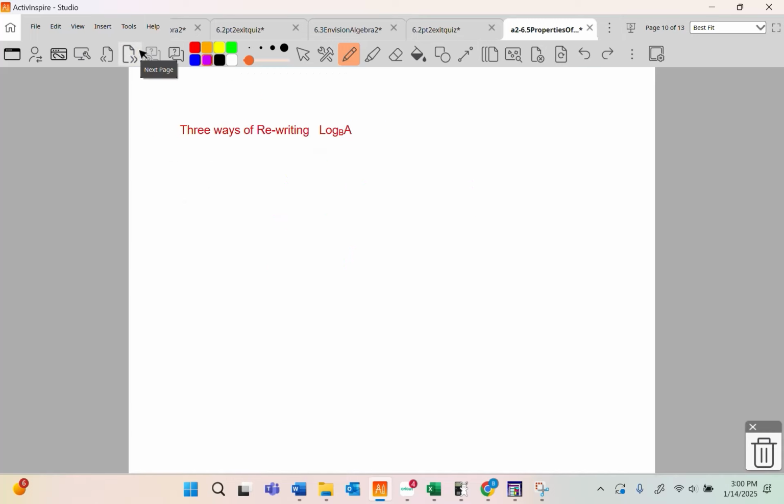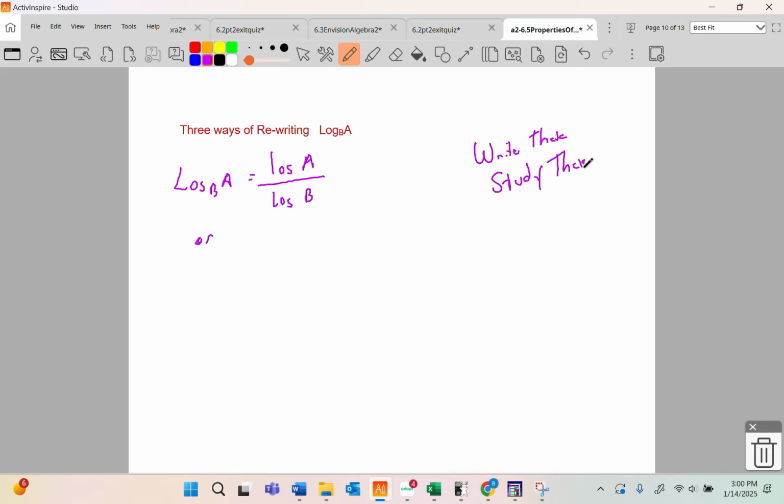All right, here's the 3 ways of rewriting a log. You have the one I just talked about. A log base b argument a is a log of a over a log of b. Or, and these again, write these, study these. A log base b argument a is a natural log of a over a natural log of b.